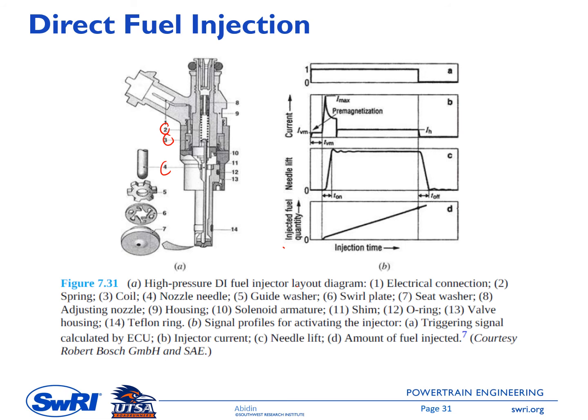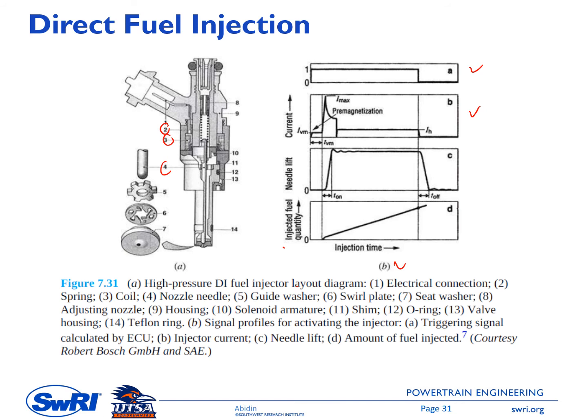And then the figure on the right side, B here, is showing signal profiles for activating this injector. On the top figure, we have a triggering signal that is calculated by the engine ECU. And then the next one is showing the output of the injector current.